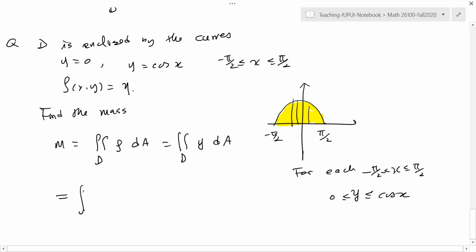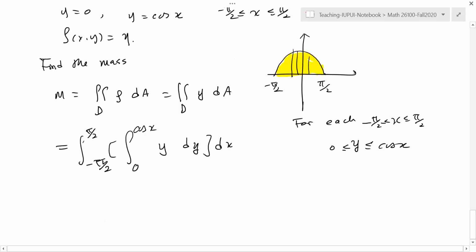So x is the outer integral from -π/2 to +π/2, then the integral with respect to y from 0 to cosine x, dy. And evaluate this integral.